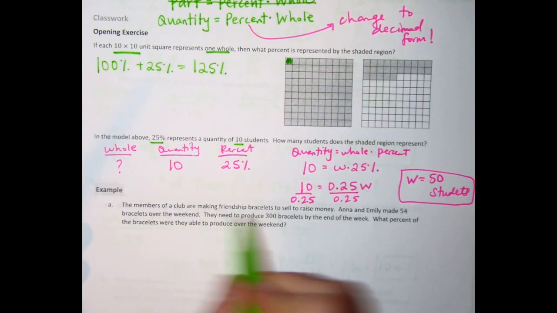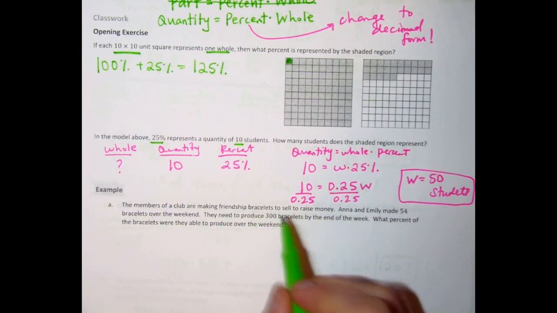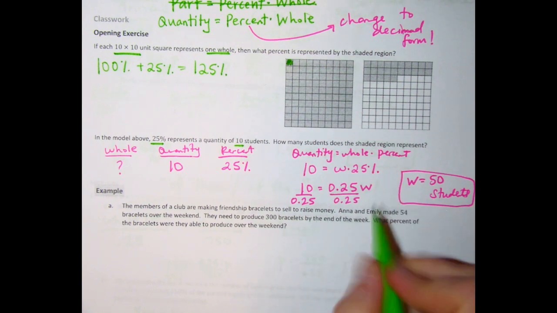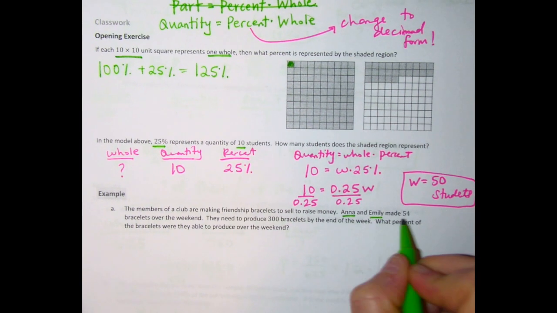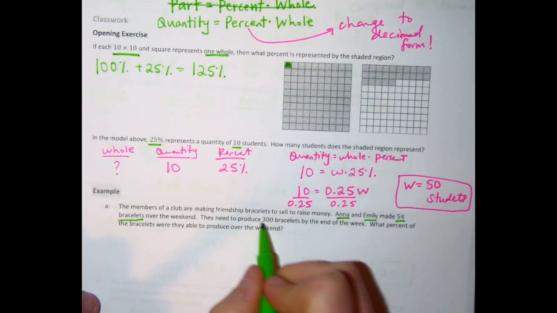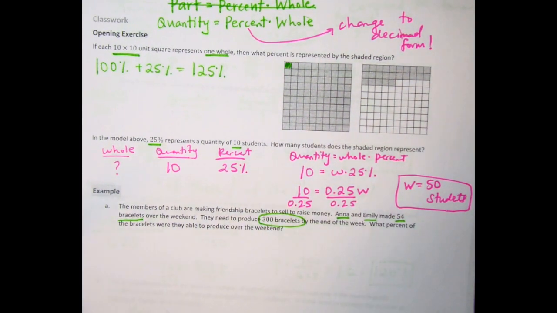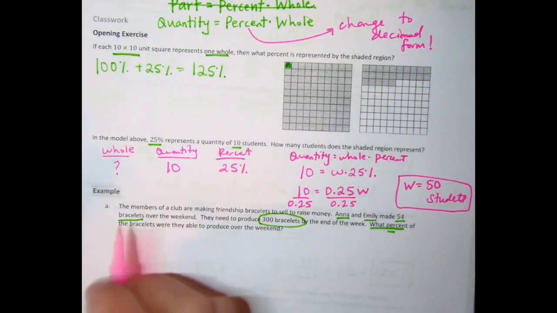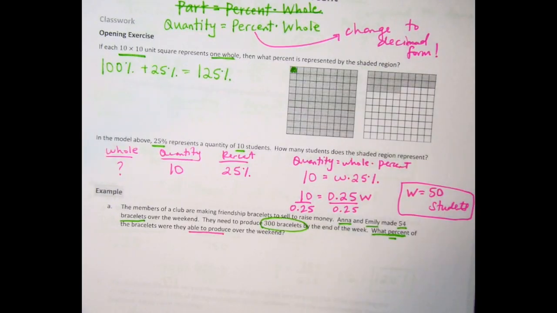So the members of club are making friendship bracelets, how cute, to sell to raise money. Anna and Emily made 54 bracelets over the weekend. They need to produce 300 bracelets by the end of the week. What percent of the bracelets were they able to produce, so that they did produce over the weekend?